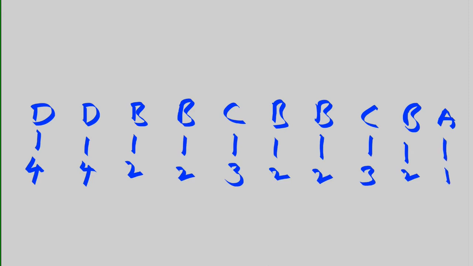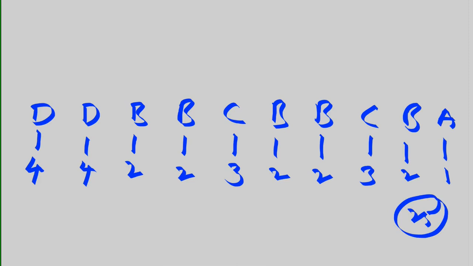So now if you add all these numbers, you will get a total of 25. 4 plus 4, 8, plus 2, 10, plus 2, 12, plus 3, 15, plus 2, 17, plus 2, 19, plus 3, 22, plus 2, 24, plus 1, 25. So in total we got 25 numbers.